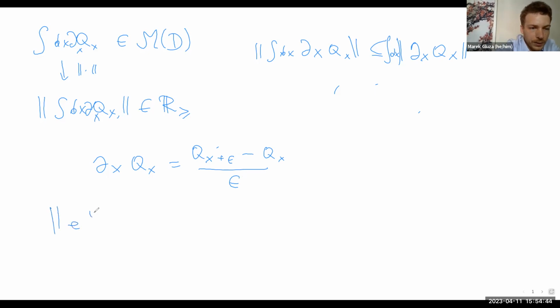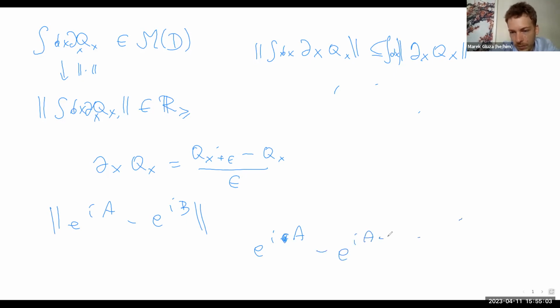So if I have e to ia minus e to ib, I have no idea how to approach this, but if I have e to i epsilon a, or if I have e to i a minus e to i a plus epsilon b, then it's kind of clear what's happening. Those operators will be kind of closer to each other.